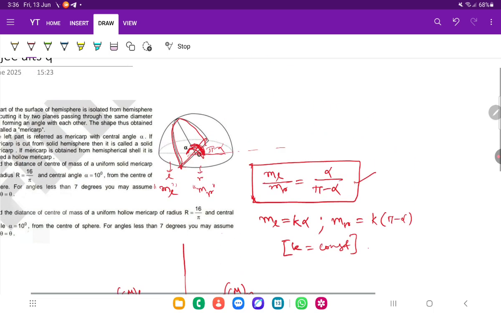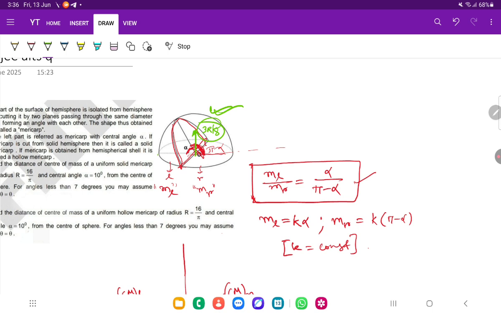And interestingly, if you join these two medicaps, finally it will give a solid hemisphere, right? And for solid hemisphere, the center of mass is known to us. That's a very general result we frequently use: the center of mass height from the base in case of a solid hemisphere is 3r upon 8, and in case of hollow hemisphere it's r by 2, right?